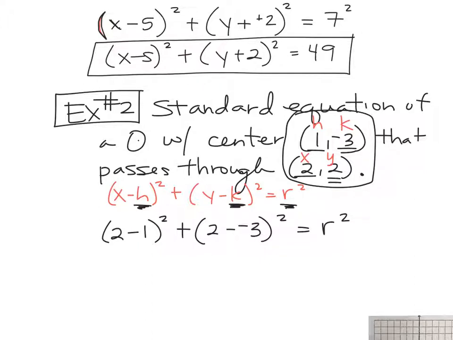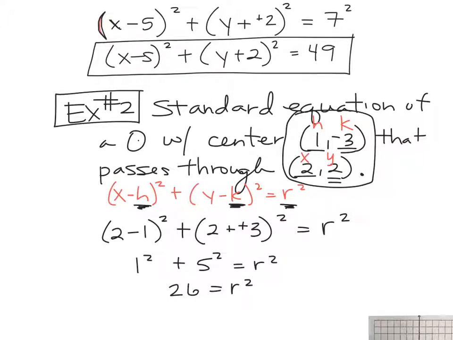So then you're solving for R. So essentially you're just simplifying, right? 2 minus 1 is 1 squared. 2 minus a -3, and be very careful with positives and negatives in this lesson. That's where a lot of mistakes get made. 2 plus 3, so 5 squared equals R squared. So this is 1 plus 25, or 26, is your radius squared.